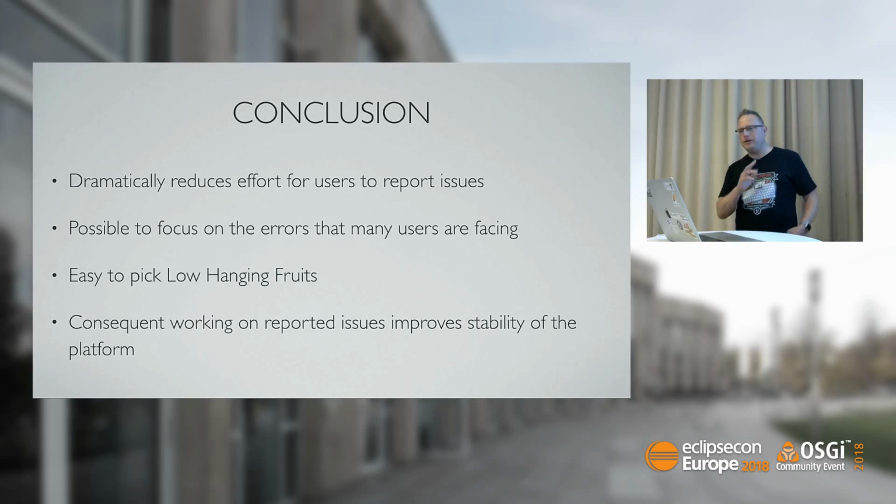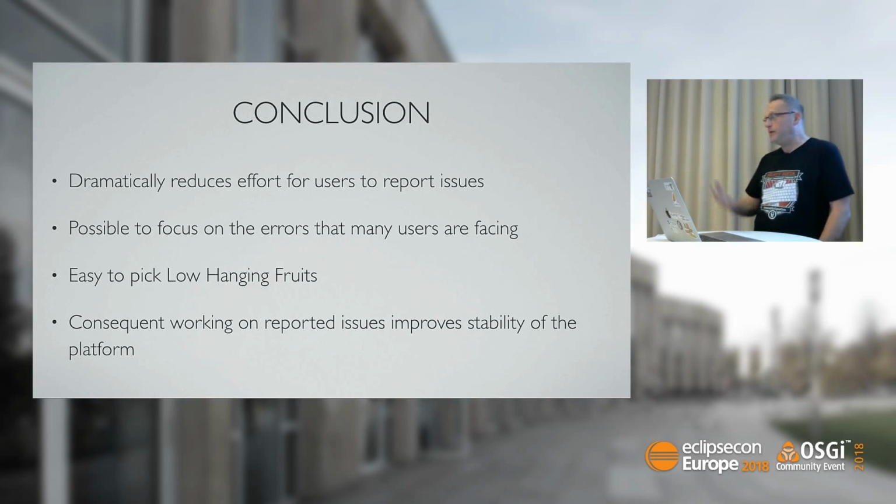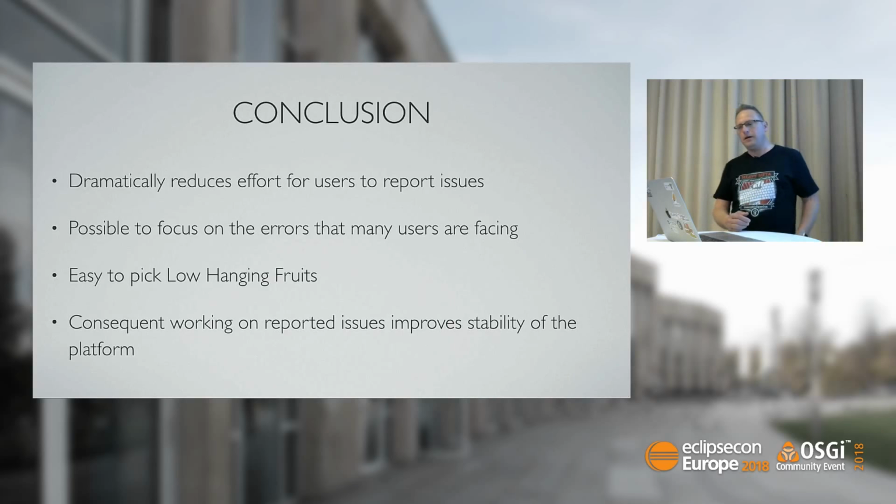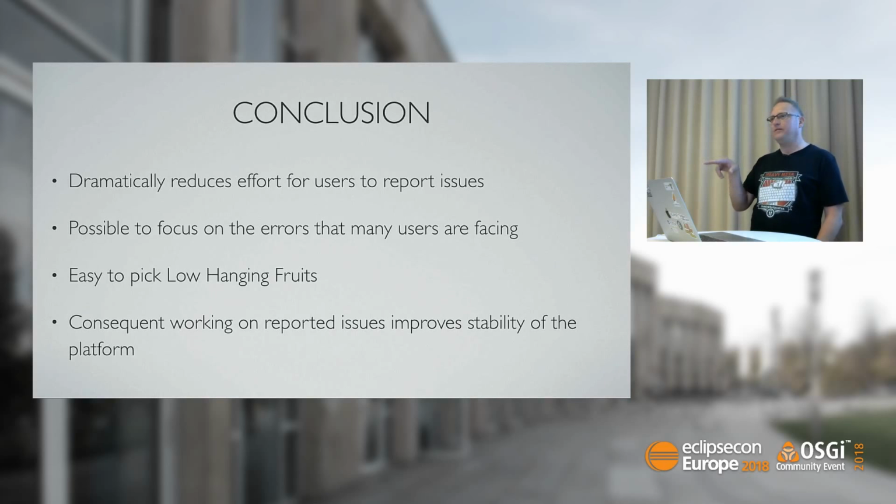But this is a really, really great tool to get many reports from users. They don't have to care except for saying, okay, I want to submit data for you. And then we can focus directly on those things that are pressing for the users. If many people are reporting this problem, then we can focus on that. And we can focus on the low-hanging fruits like SWT exception: Widget is disposed.